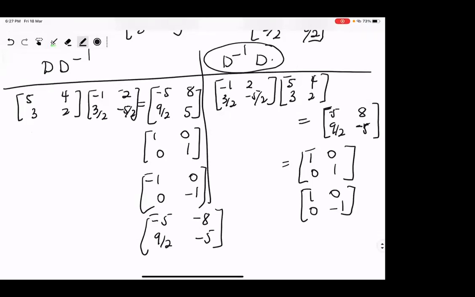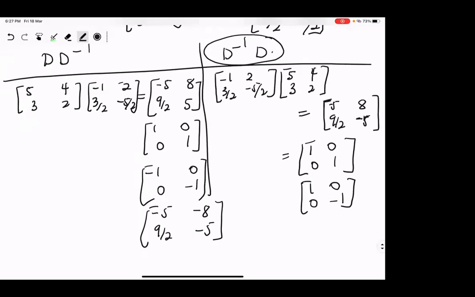Okay, let's work together and see which one of these is correct. There is a theory that we are trying to prove here.